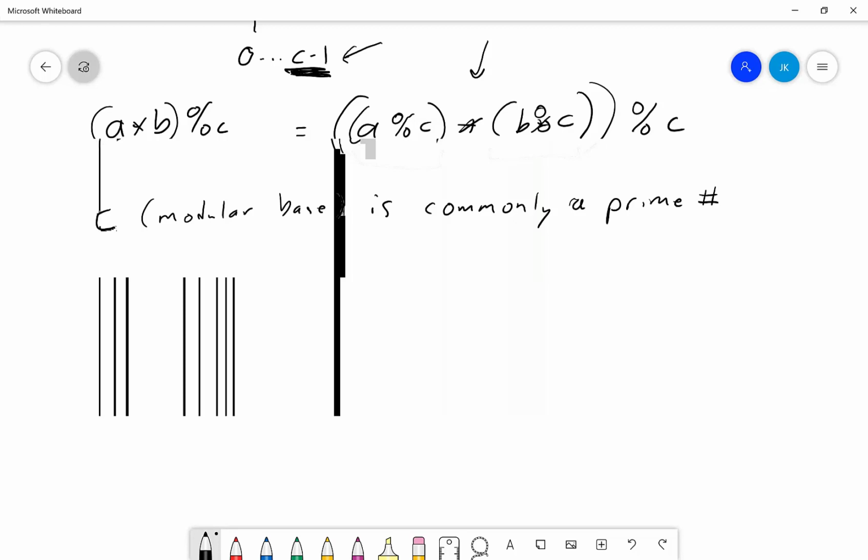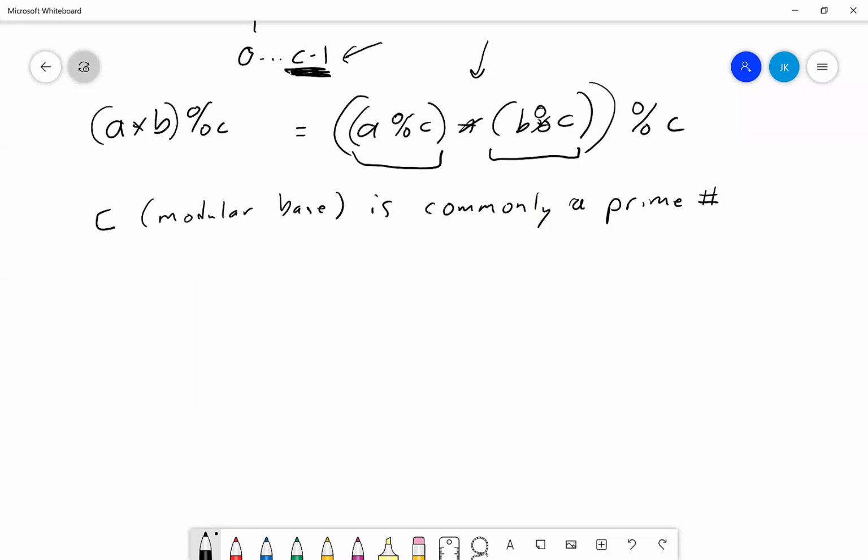But basically, if C is a modular base, you can take a number modulo several different modular bases. If they're all prime numbers, that means they're all relatively prime to each other. That's not the only way to get things relatively prime, but it's a way of guaranteeing it. Obviously, if they're all prime, they're all relatively prime.